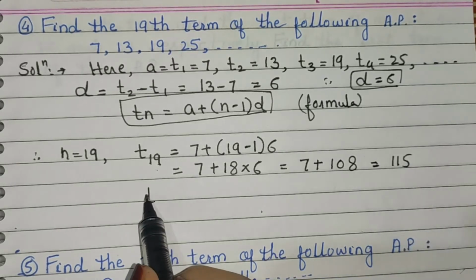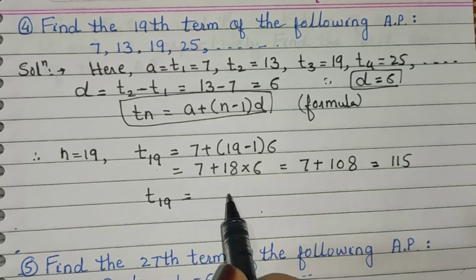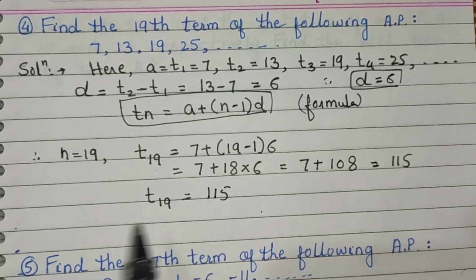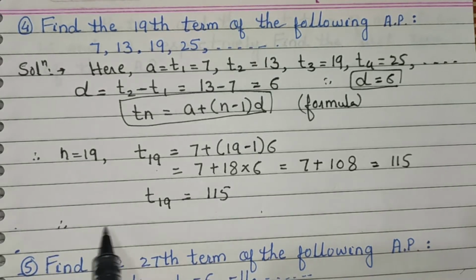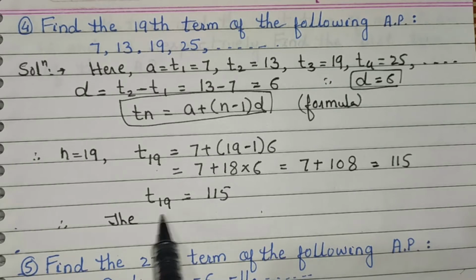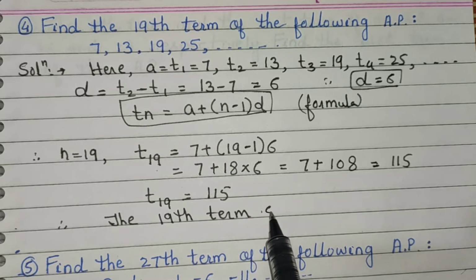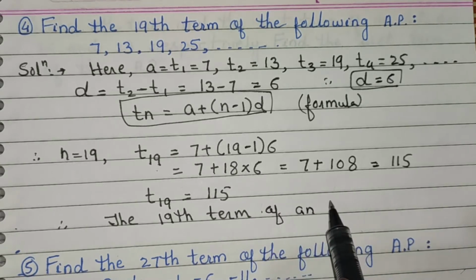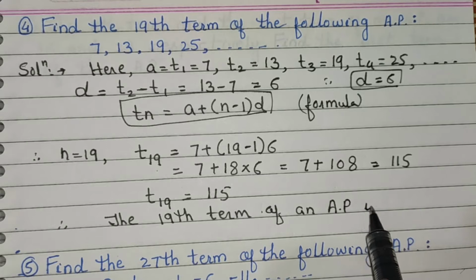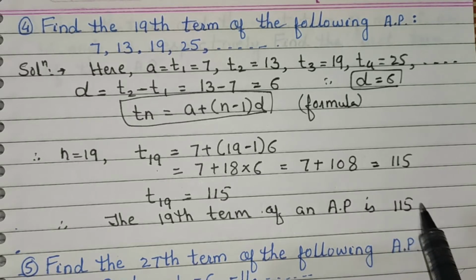Now it is the value of T19. T19 is equal to 115. Therefore write down the answer. The 19th term of an AP is 115.